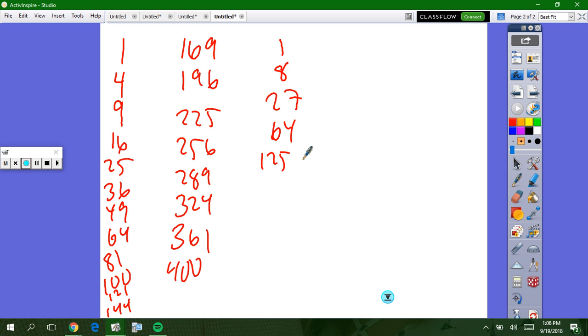I think 6 cubed is 216. Okay, so those are up to 6. I don't know those very well after that.